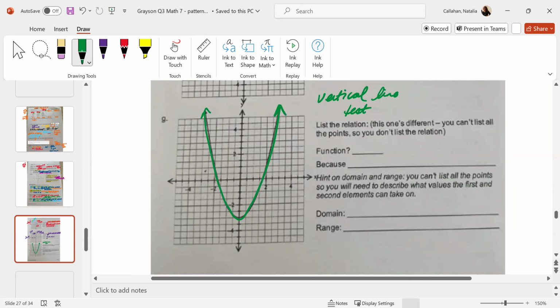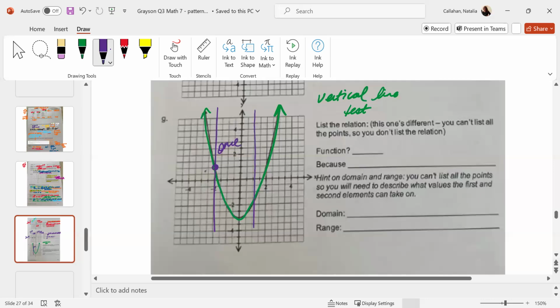Move it over here. I'm sliding it across over here. How many times is it touching it? Once, right there. I move it over here. How many times is it touching it? Once, right there. If you're not sure, draw a line. If I draw a line right here, how many times is that purple line touching the graph? Once.